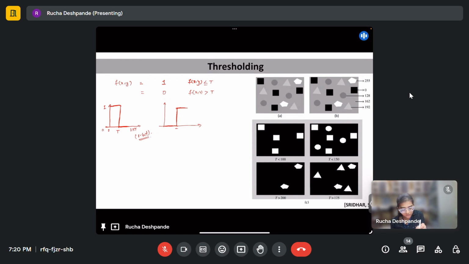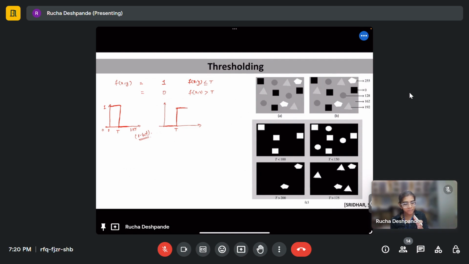Yeah, so in thresholding, there is a threshold value. For every pixel, the function will check whether the value of this pixel is above or below the threshold, and then accordingly the value for that pixel will be decided.